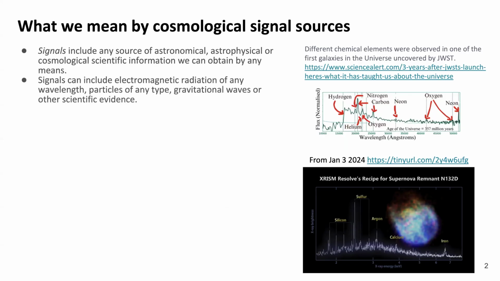So when we talk about cosmological signals, we're looking for any source of astronomical, astrophysical, or cosmological significance. And in the first lecture, I tried to make a distinction between these three things. Some people say astrophysics, which is understanding how stars and galaxies produce the signals that we ultimately detect.